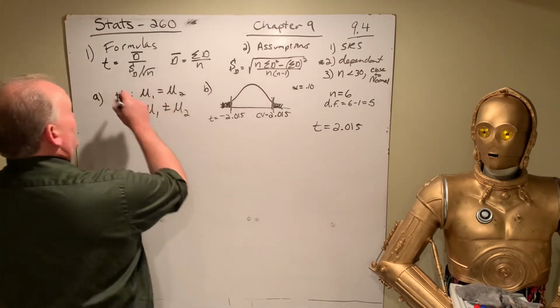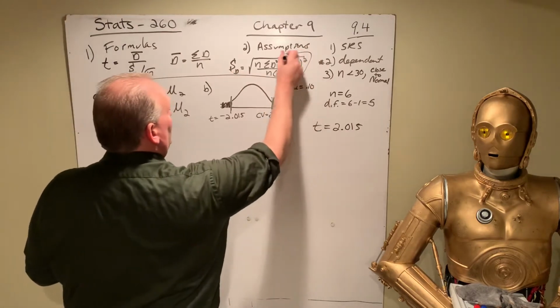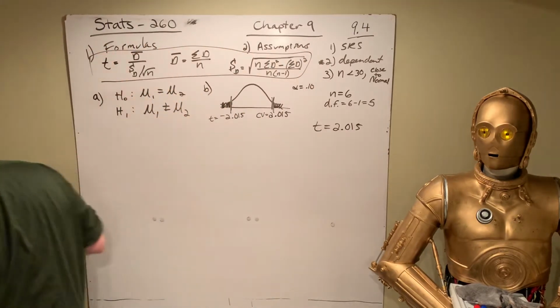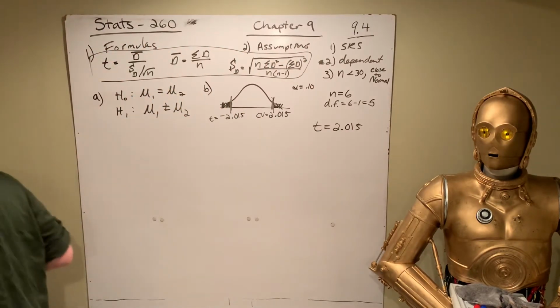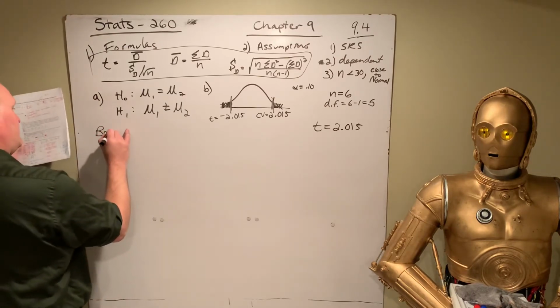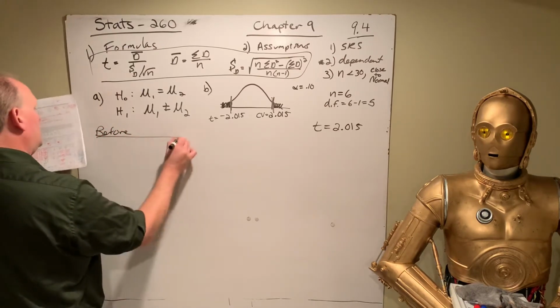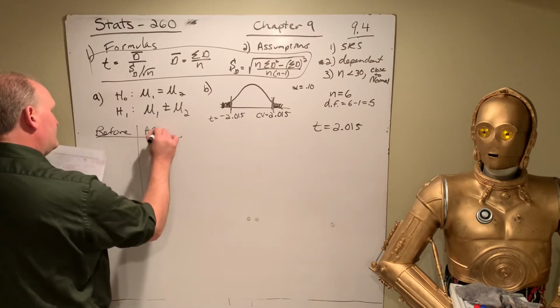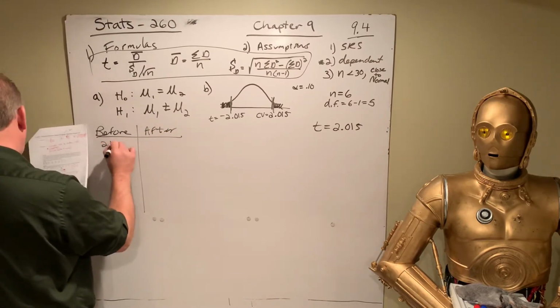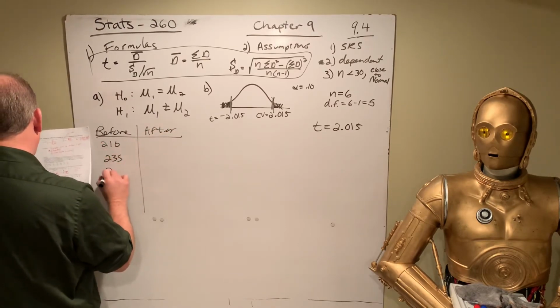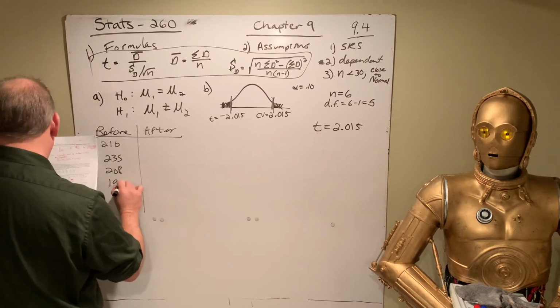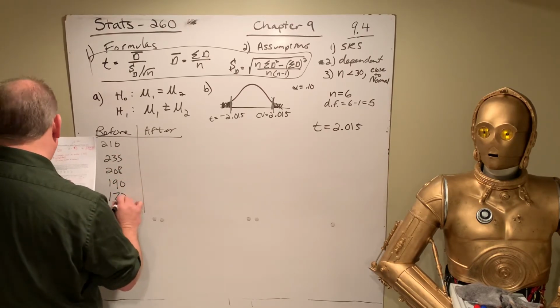Let's do our calculations. You got to do a lot of calculations on this one. So let me make a quick chart here. Before and after. So we got 210, 235, 208, 190, 172, 244.